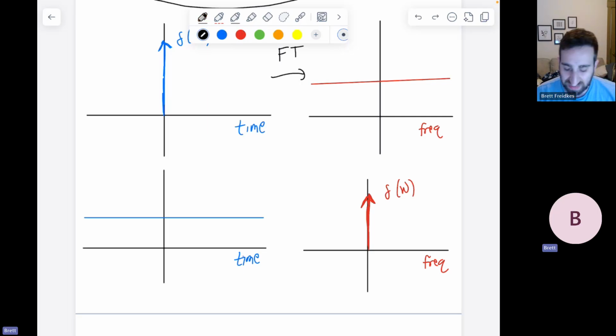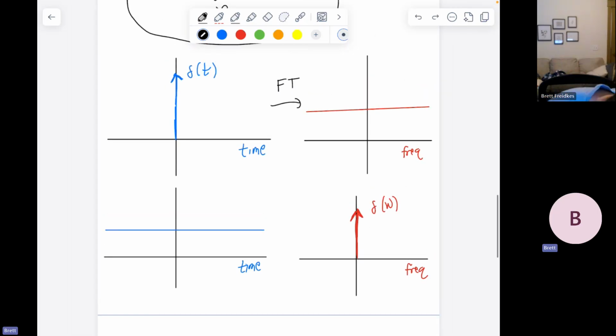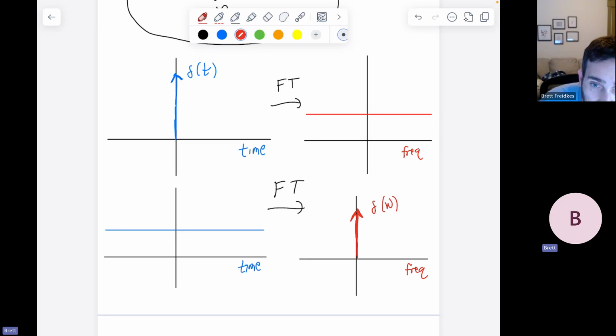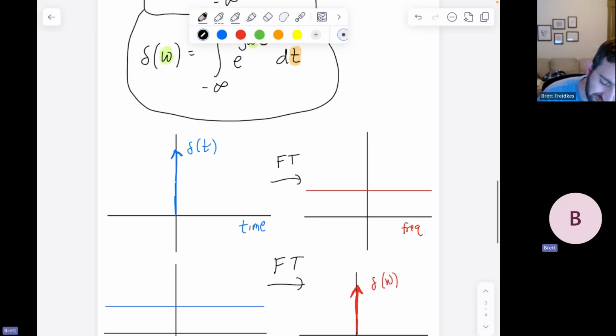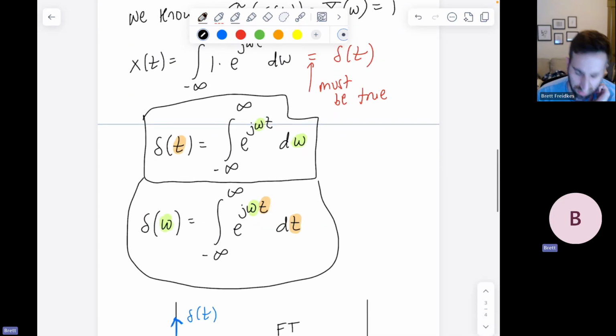So mathematically speaking, if I do the Fourier transform of the delta function, the Dirac-Delta function, I would get this constant amplitude. I'm trying to make it horizontal, that's better. If I were to take the Fourier transform of a constant line, a straight line, it would give me the Dirac-Delta function. And that's essentially what this is saying.